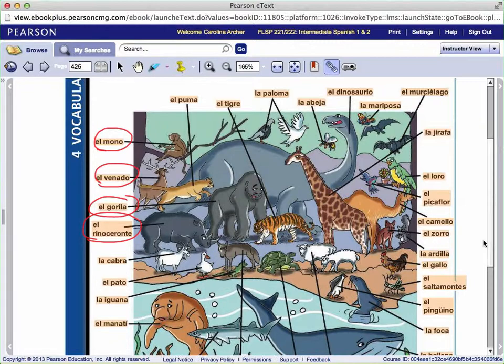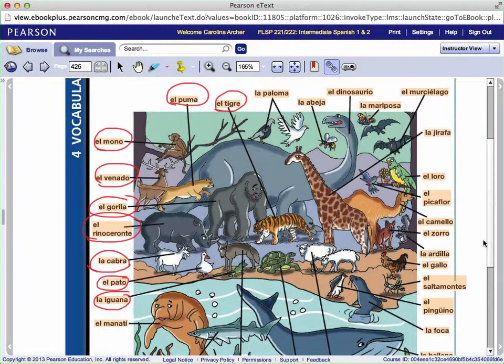la cabra. La cabra is the goat. La cabra. El pato, the duck. El pato. La iguana. La iguana is an iguana. El puma, that's another cognate. El tigre, sort of a cognate, it sounds like tiger.